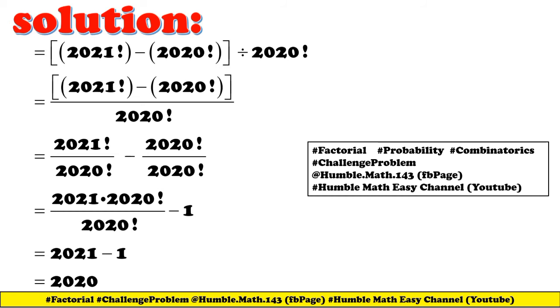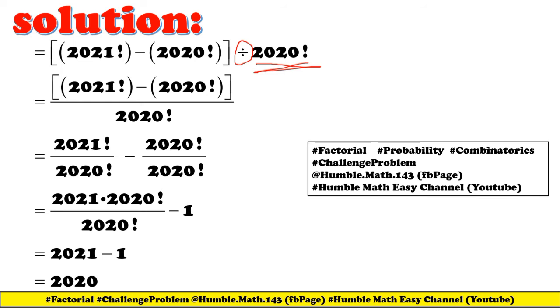In this manner, I change the division symbol into the pattern of a fraction. As you notice, we have 2020 factorial as our new denominator, and the numerator is 2021 factorial minus 2020 factorial. As we all know, we just follow the concept of the distributive property in fractions.